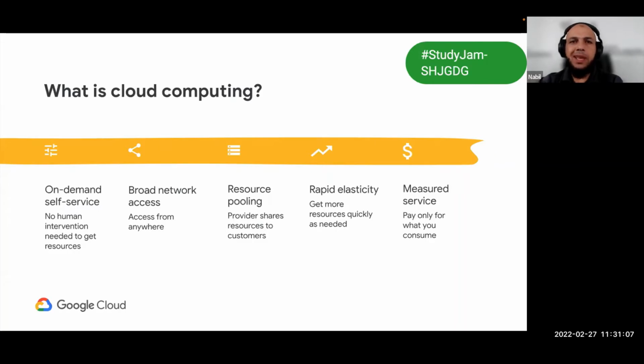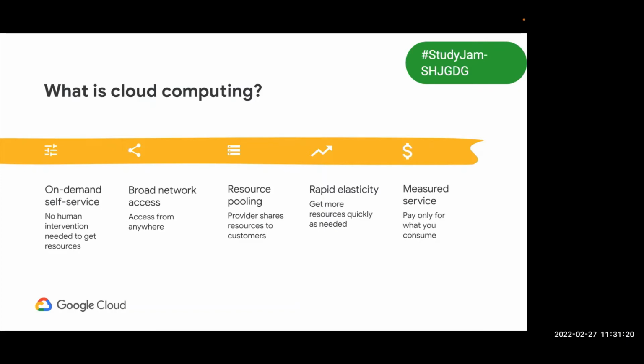It probably takes a couple of days. They've got their own SLAs and things like that. So this is a big difference. When you're in the cloud, you should be able to have on-demand self-service in order to provision those resources.